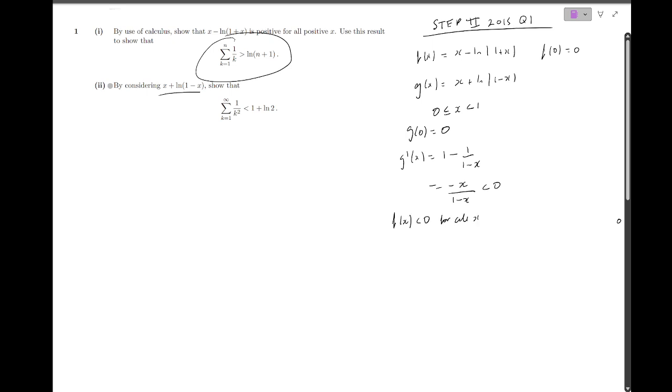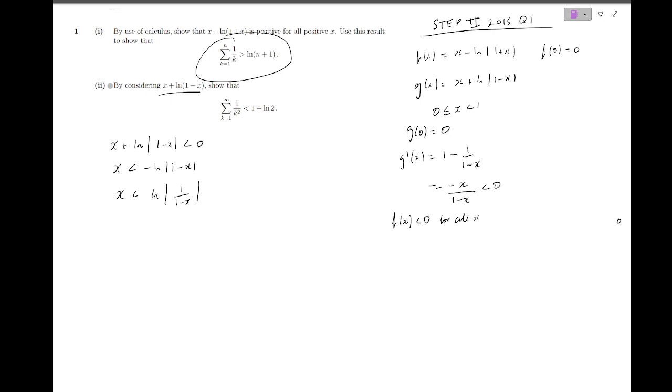We don't really need to write a conclusion because it's not telling us to show this, but it is probably necessary for this question because we need to set up an inequality, right? So now using this result, we can say x plus natural log 1 minus x is less than 0. So x is less than minus the natural log of 1 minus x. So x is less than natural log 1 over 1 minus x.